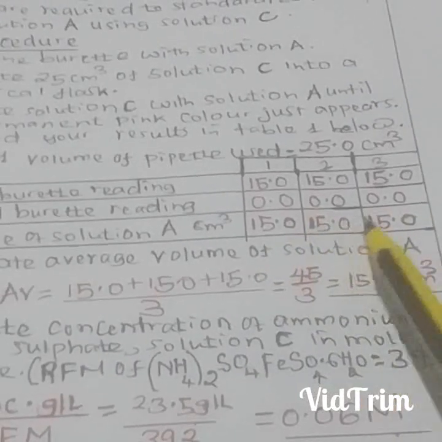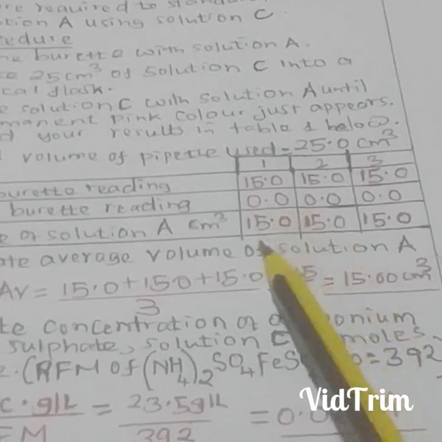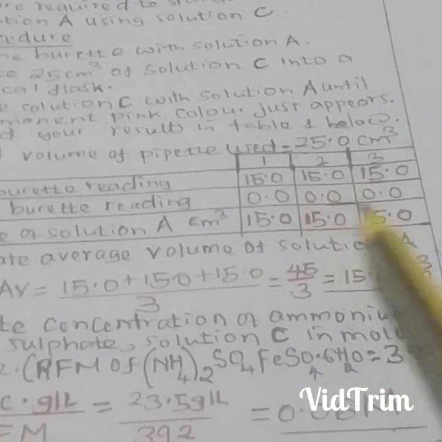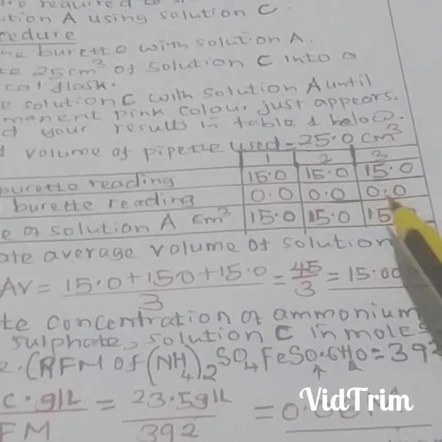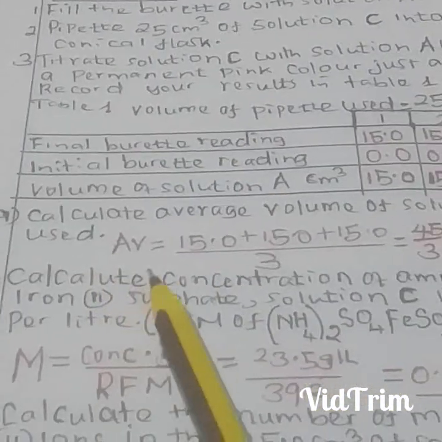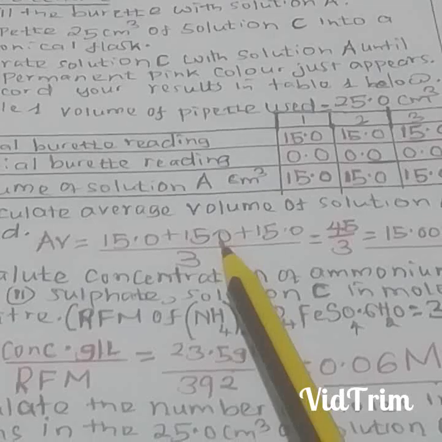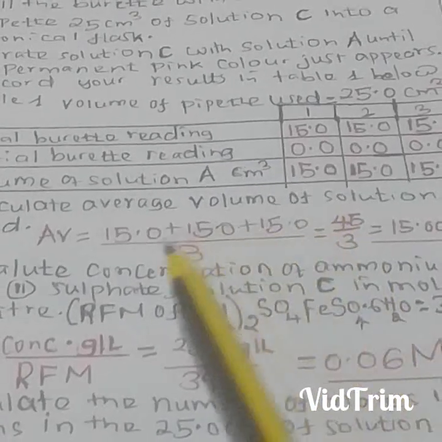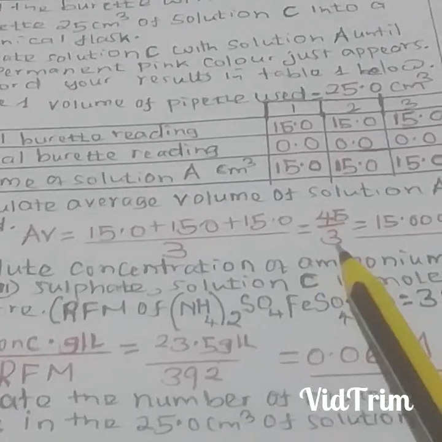So to get the average volume, you take the volumes of the 3 titrations, then you divide by 3. Is it okay, my student? If there are 4, you take 4, you add, you divide by 4, and so forth. So in this case, the average volume is 15.0 plus 15.0 plus 15.0 divided by 3, which is equal to 45 all over 3, which is what?